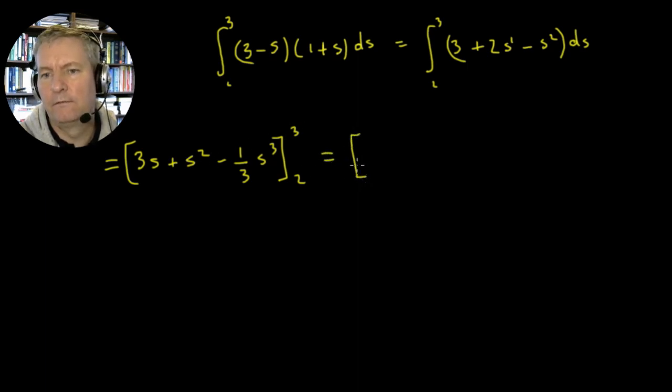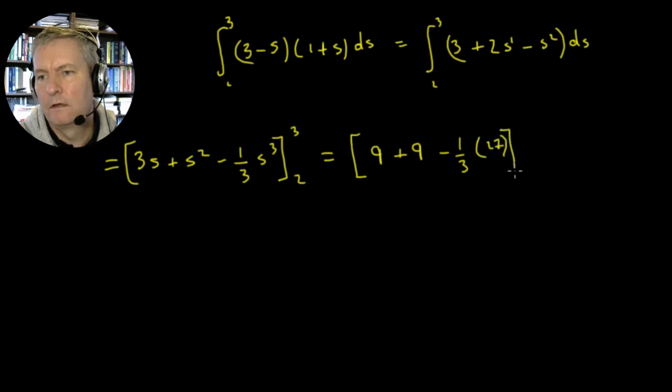So we put 3 in for s, so 3 times 3 is 9, and 3 squared is 9, minus 1 upon 3 times 3 cubed, which is 27, so it's going to be that, minus, put the value in for 2, so 3 2s are 6, and we're going to have 2 squared is plus 4, and we're going to have minus 1 upon 3 times the value of 2 cubed, which is 8.